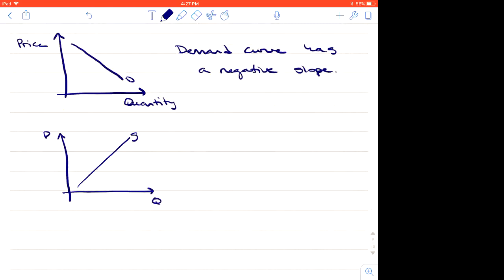Because if the price that they can charge is low, then they don't want to sell too much. If the price is high, they want to sell a lot of stuff, right? Then the supply is high. So the supply curve has a positive slope.